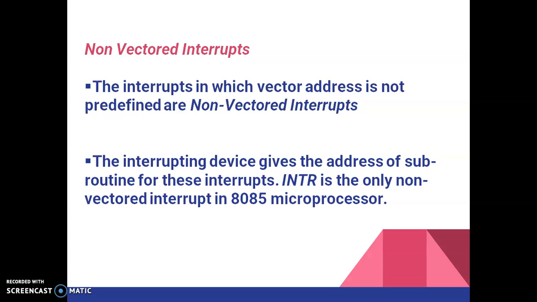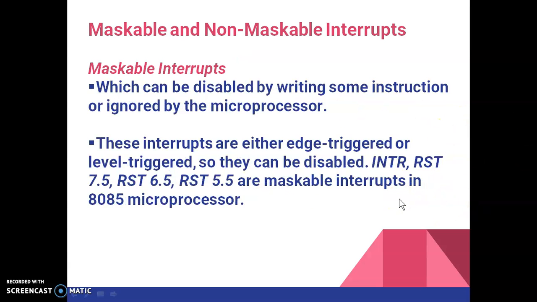That is, the subroutine starting address is not fixed. The address of the subroutine in case of non-vectored interrupts is given by the device which is giving the interrupt. In 8085, INTR is the only non-vectored interrupt. All others are vectored interrupts.